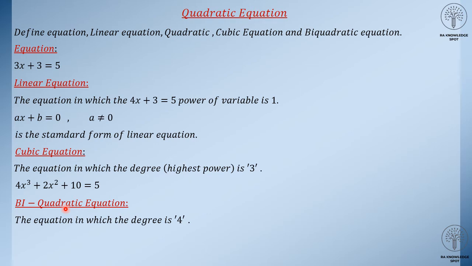You can keep this thing in your mind with this technique. The equation in which the degree is 4 is called a biquadratic equation. See, x to the power 4 minus x squared minus 2 is equal to 0. Right now the highest power, or you can say the exponent, is 4. This means that this is called the biquadratic equation.